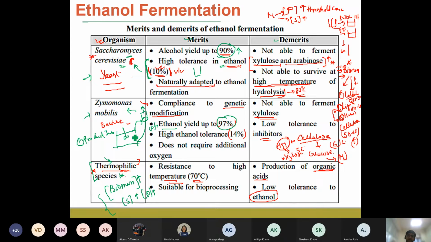In that way, we make sure that the fermentation doesn't cross the threshold concentration of ethanol that inhibits microbial growth.